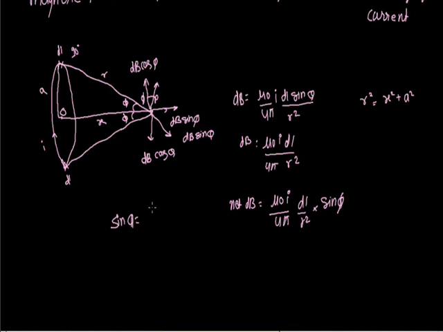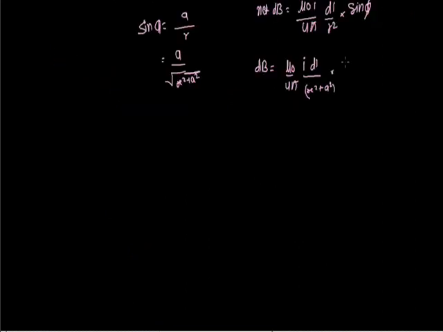The perpendicular is a, the hypotenuse is r, which means a upon root of x square plus a square. So dB equals mu naught I dl upon 4 pi r square, a upon root of x square plus a square, which gives a upon x square plus a square to the power 3 by 2.